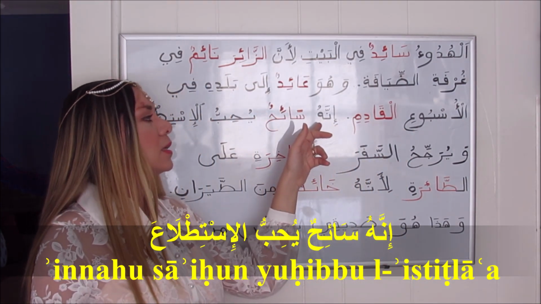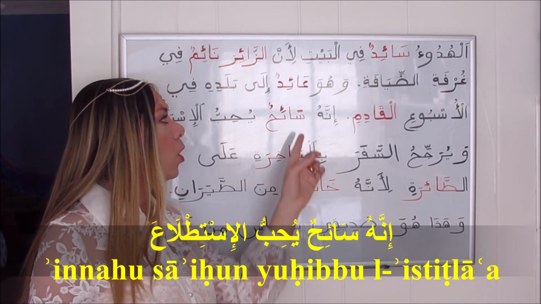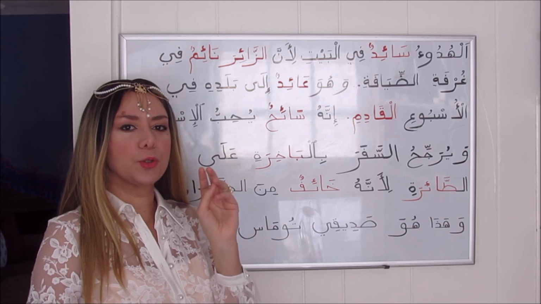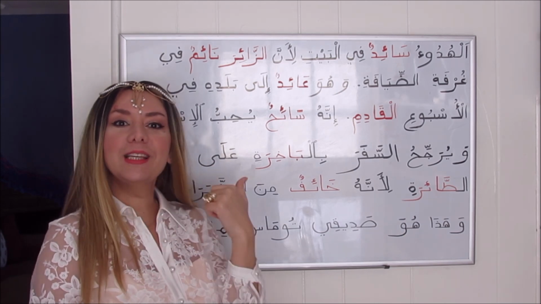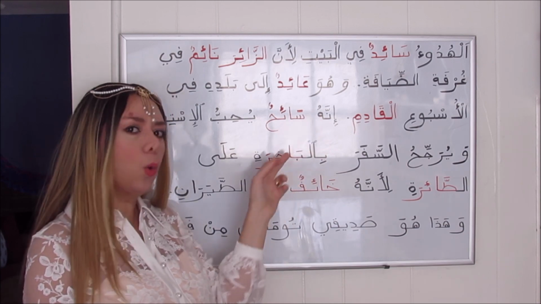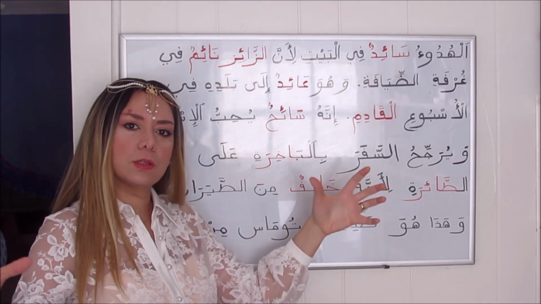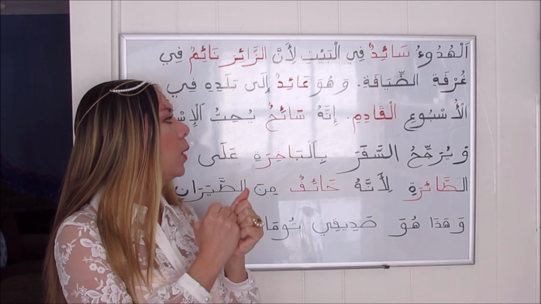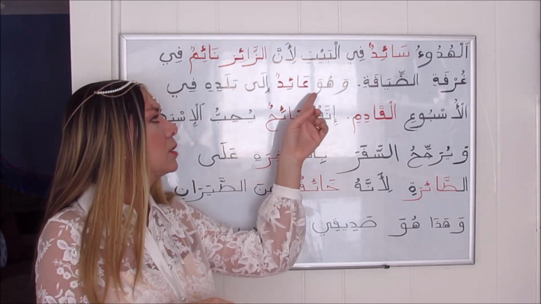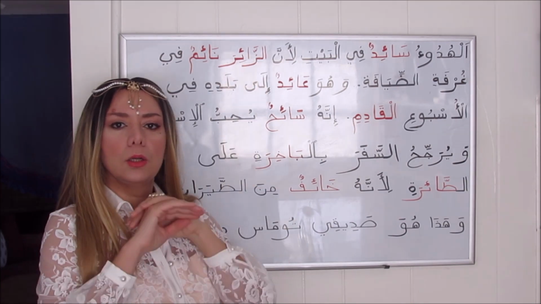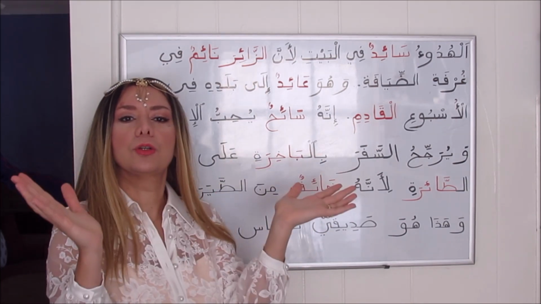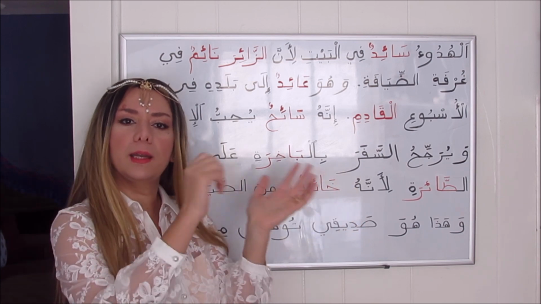So, plus the enclitic form of huwa, the personal pronoun huwa, third person, masculine, singular, attached to inna. Instead of saying inna huwa, we just use the enclitic form of huwa and have innahu. It's the same thing as huwa. There is no difference. It's just to enrich your writing.